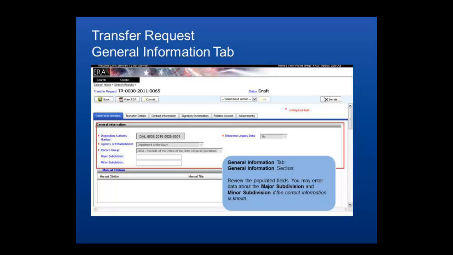We don't want to know your records management major and minor subdivision. We want to know, if you're sure about the information, the major and minor subdivision of the unit that created the records. If you don't know that, simply leave it blank. This is not a required field. It's great to have, but it is not by any means required, and please enter it only if you know for sure what that information is.